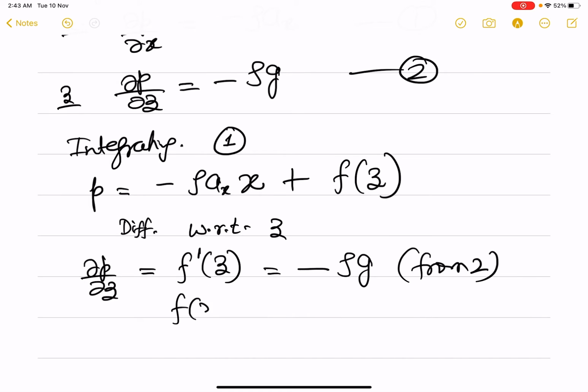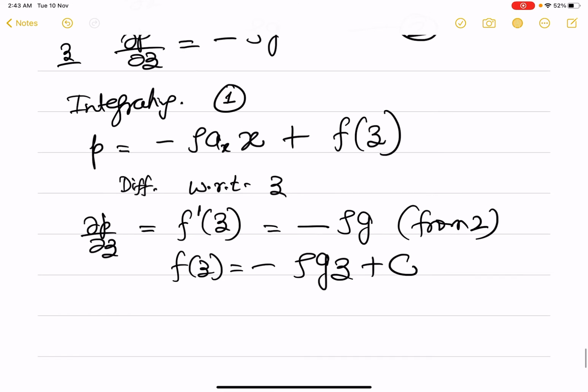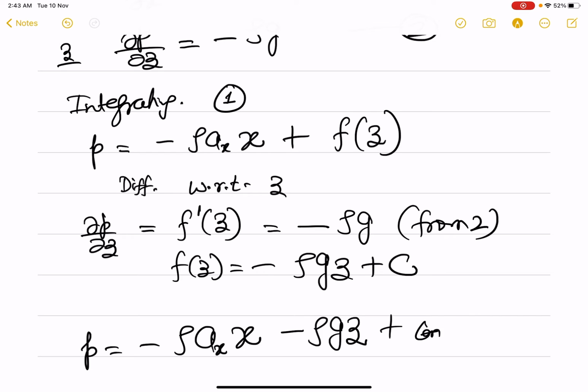So f of z is equal to minus rho gz plus c. And what I get is P is equal to minus rho ax times x minus rho gz plus constant c.